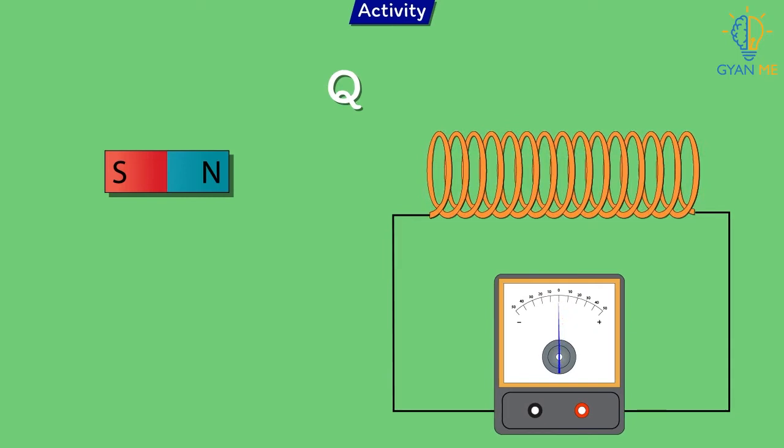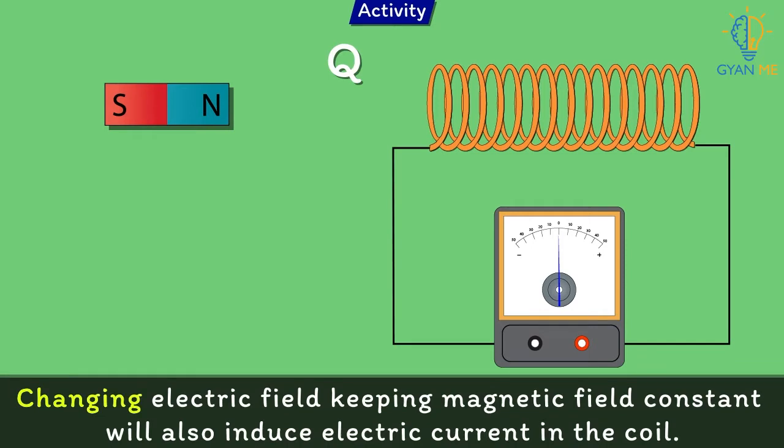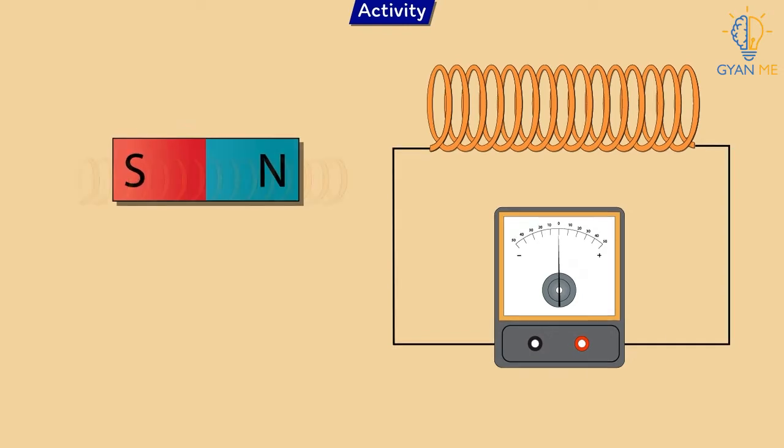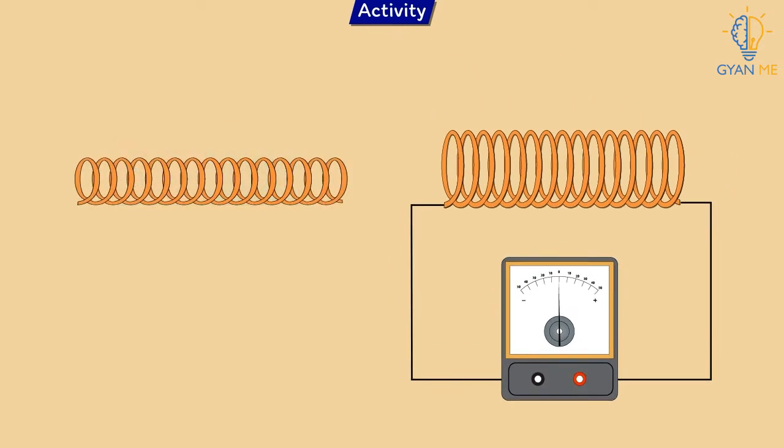Thus, we can say that changing the electric field and keeping the magnetic field constant will also induce electric current in the coil.